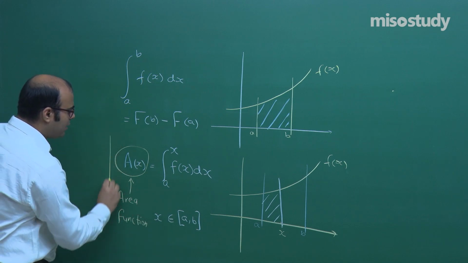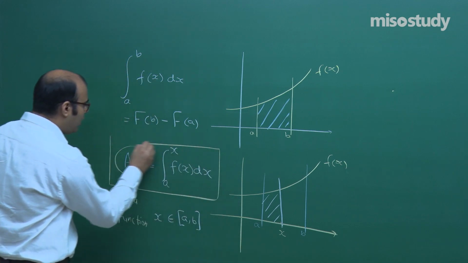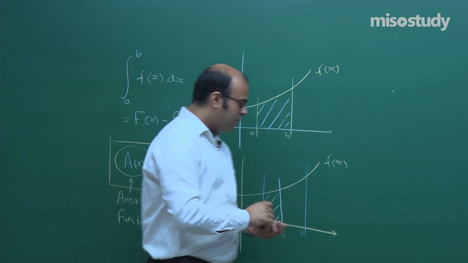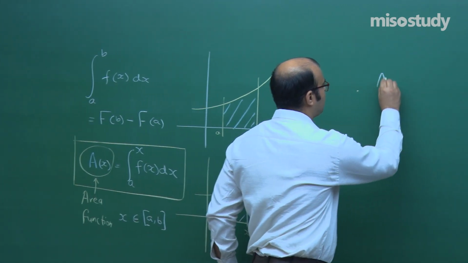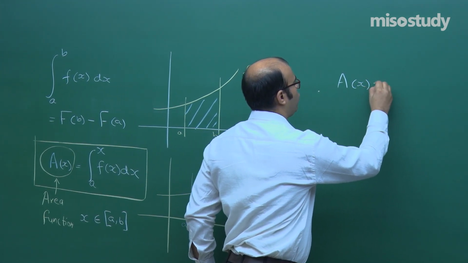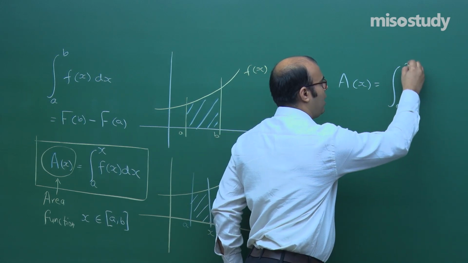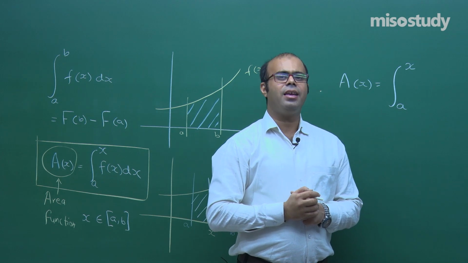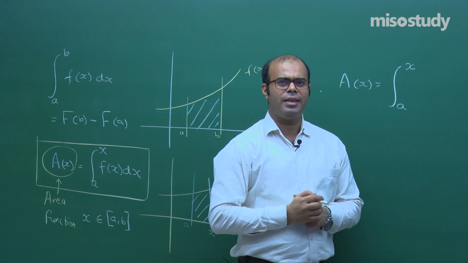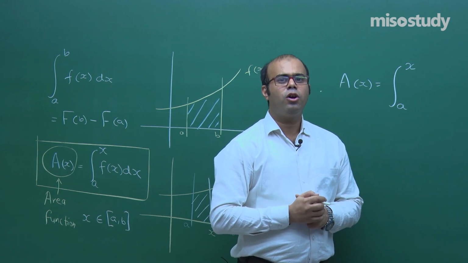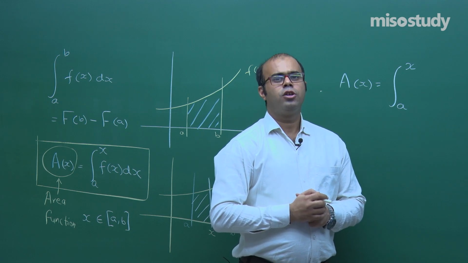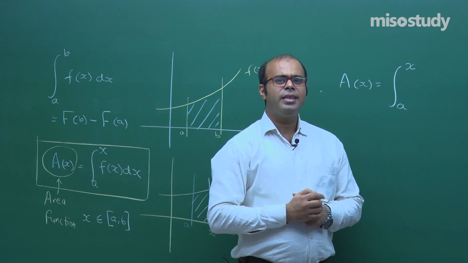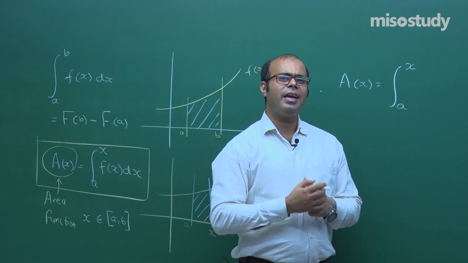We can write this area function in another form. A(x) is equal to the integral from a to x, and since in definite integration the variable of integration can be anything, because eventually it does not come into the answer, instead of f(x) dx we can take any variable.